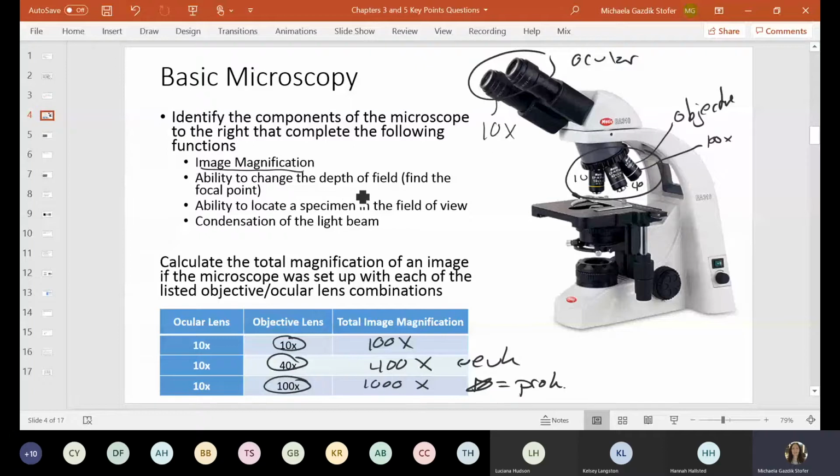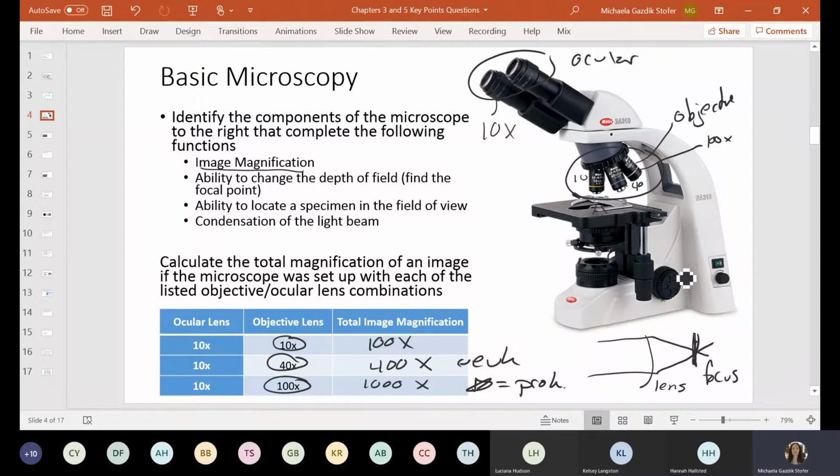In order to make sure your specimen is in view, it has to fit right along the focal point of the depth of field. So what's going to be coming out of this light down here? So here's your light source coming up. You're going to have a beam of light that's coming through there. And what happens is that beam of light, so here's our lens, that beam of light passes through, it gets refracted down, and wherever those points meet is where you're going to be in focus.